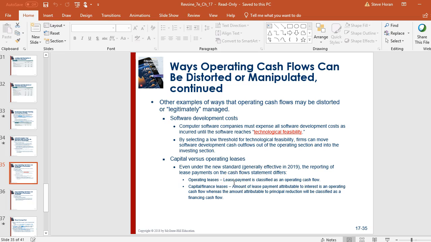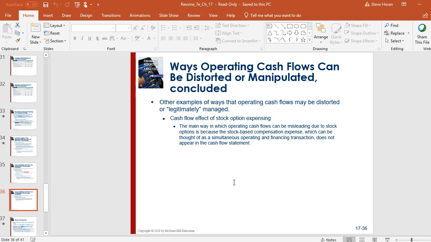So by deciding what kind of leases we get into, we can kind of manipulate what our cash flows are. And remember that cash flow from operations is kind of the first place a lot of investors and financial analysts will look. They want to make sure the company does generate positive cash flow. So if a company is entering into capital leases on purpose so that its cash flow from operations will go up, well then that's kind of manipulating that number a little bit.